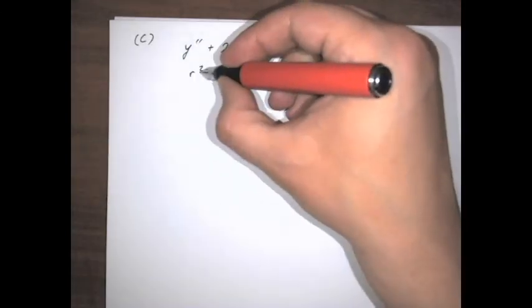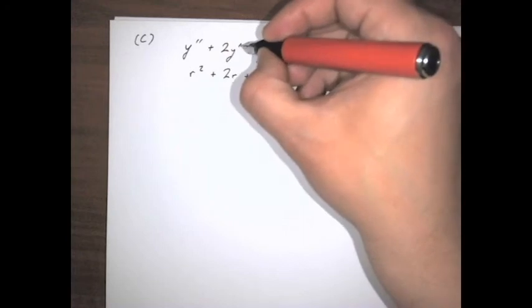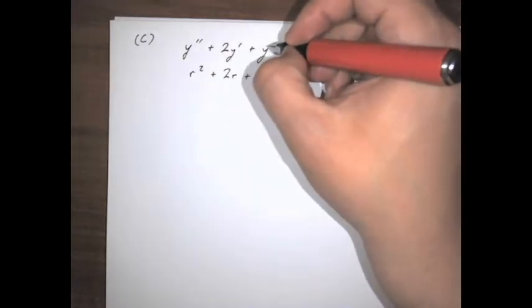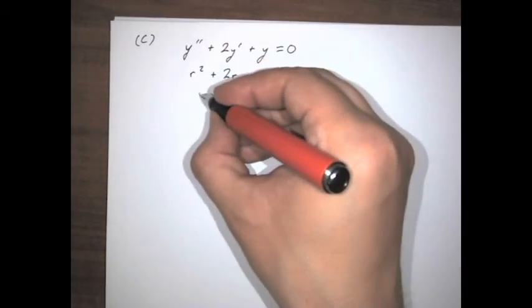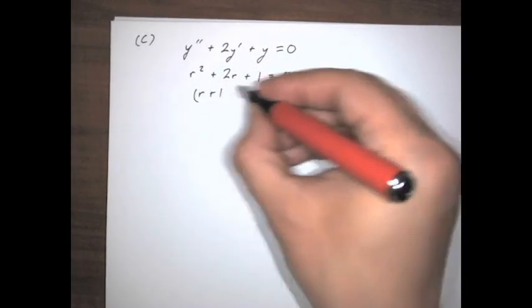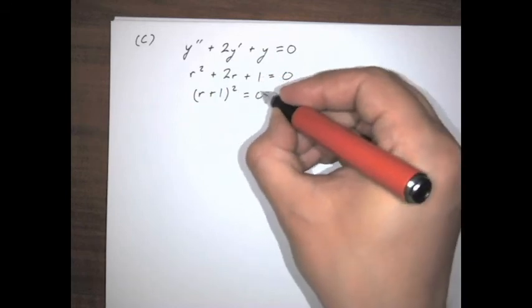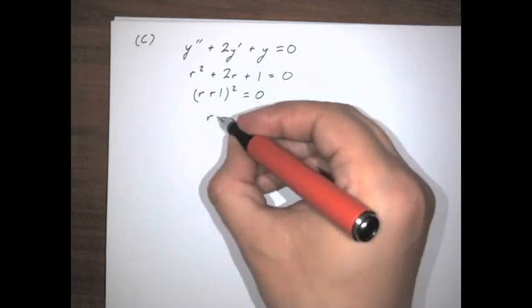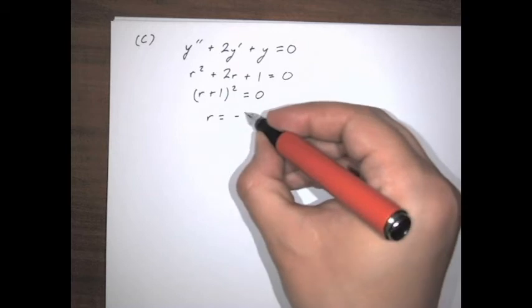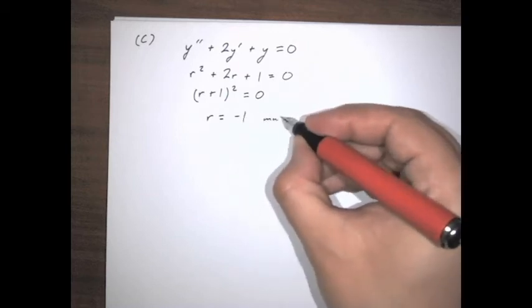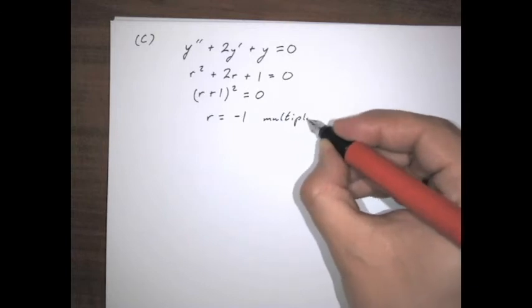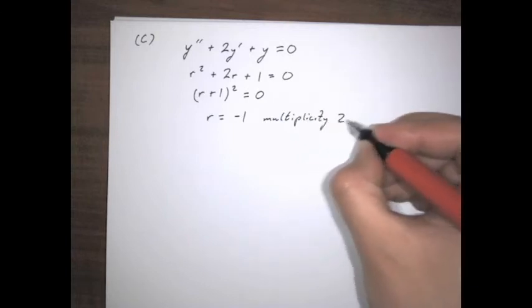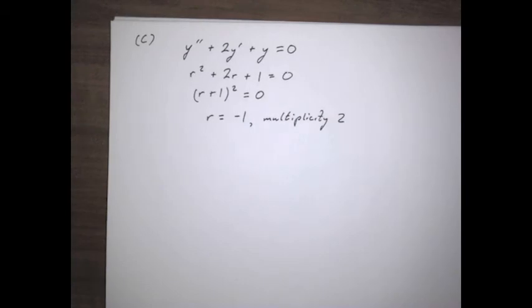So the second derivative means a second power of r, the first derivative a first power of r, and the zeroth derivative a zeroth power of r. So it's r plus 1 squared equals 0, which means r equals negative 1 with multiplicity of 2. It's a repeated root, multiplicity 2.